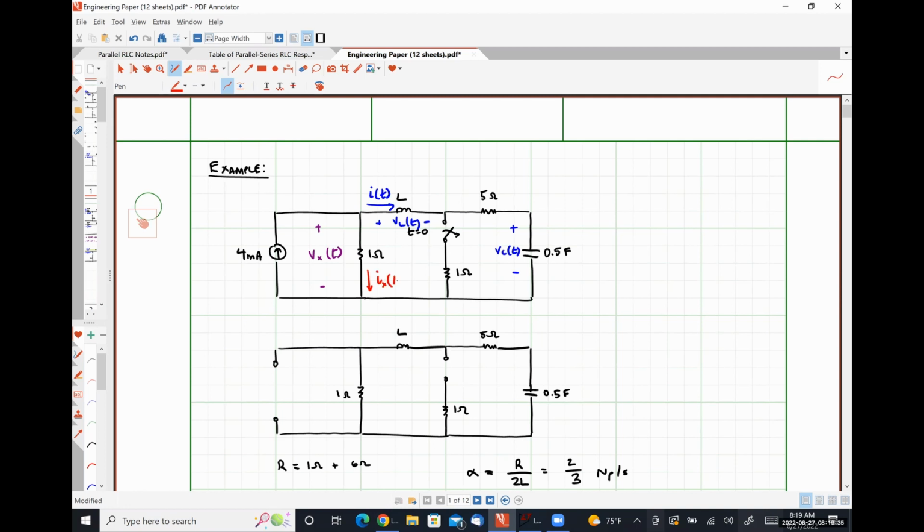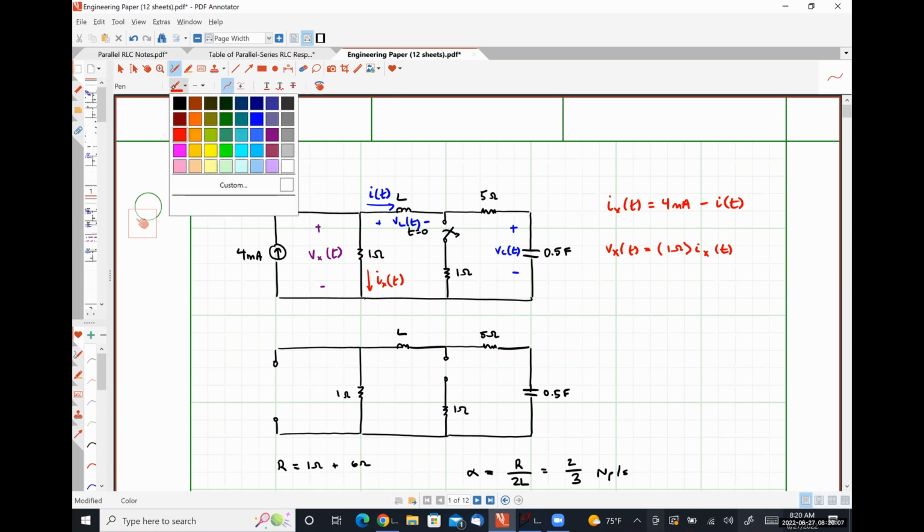This current, which I'm going to call Ix of t, will be easily determined if we know our inductor current I of t, by saying that Ix of t is simply going to be 4 milliamps minus I of t, and Vx of t is simply 1 ohm times Ix of t.